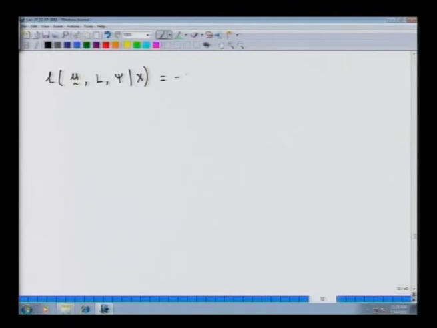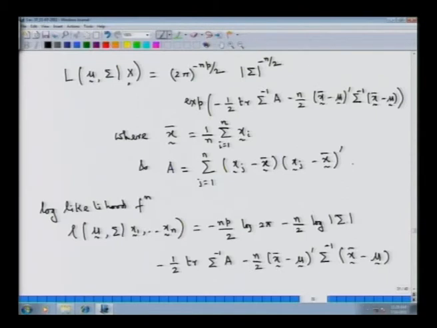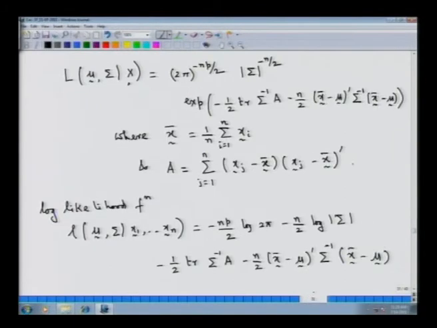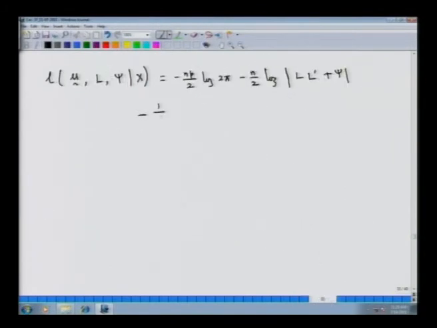This is going to be minus np by 2 log of 2 pi minus n by 2 log of determinant. Here we had the determinant of sigma, and in place of sigma we will write L L dash plus psi. So, this is the determinant of L L dash plus psi, this minus half trace of sigma inverse A.